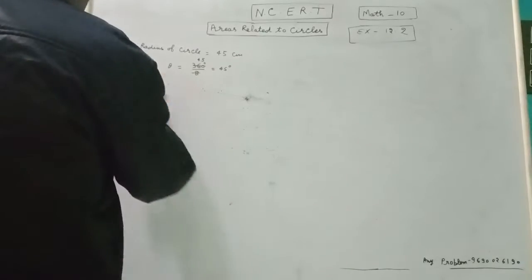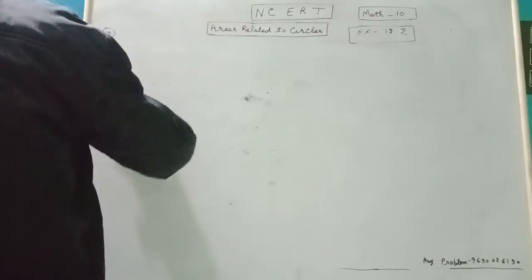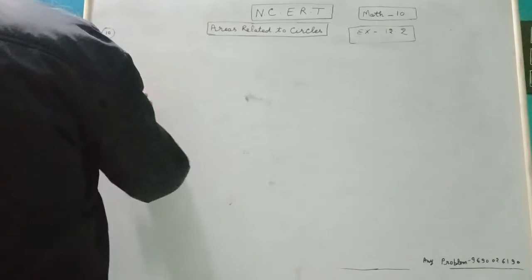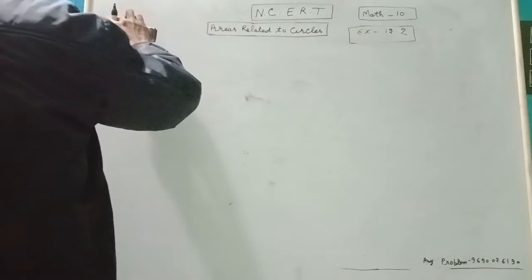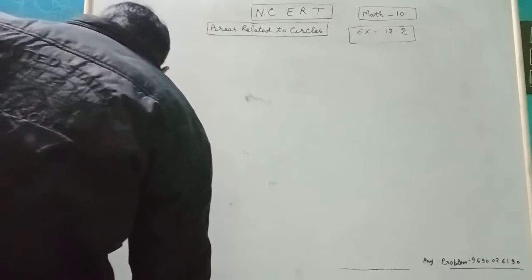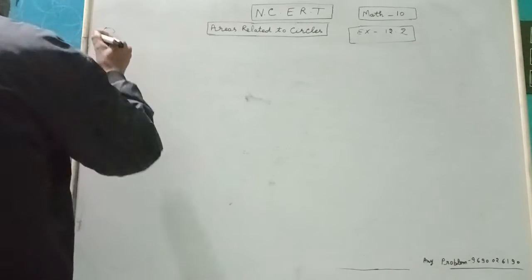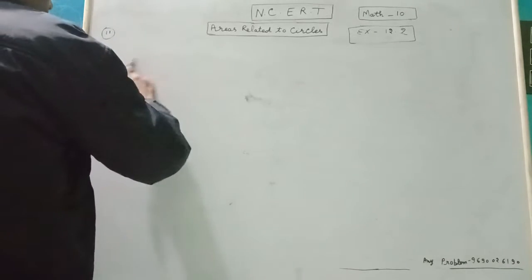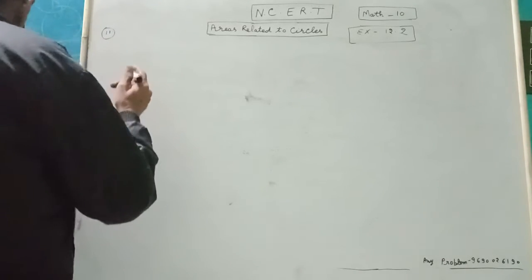Question 11 is: a car has two wipers. The length of the blade will be the radius of the sector.